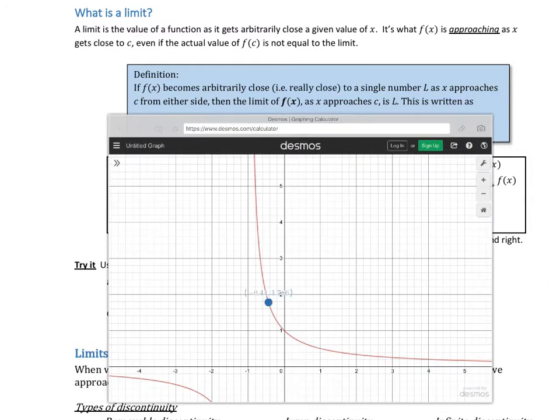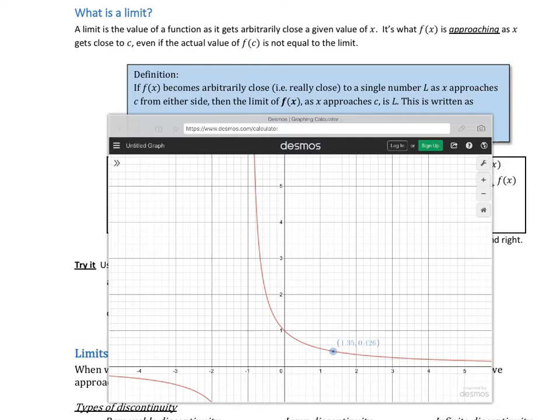Well, as we approach from the left, and as we get close to 1, what does this y value look like there? Can you see that? It's about 0.5. So from the left, the y value is getting smaller, smaller, smaller, and going to 0.5. As we come from the right, the y value, the height, is going to 0.5.